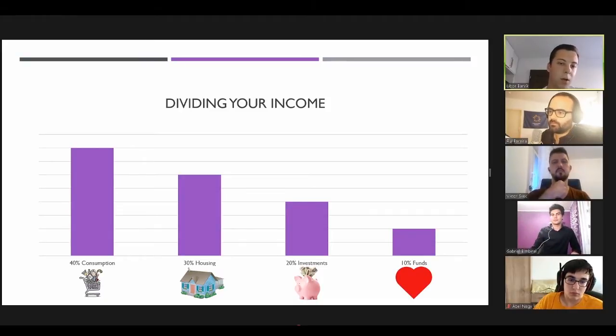You can call it whatever you want, but it is actually about dividing your income. Your income, like the salary of your household, if you share the money together in your family, should be divided into 4 parts: consumption, housing, investments, and funds. We can start with the biggest one.